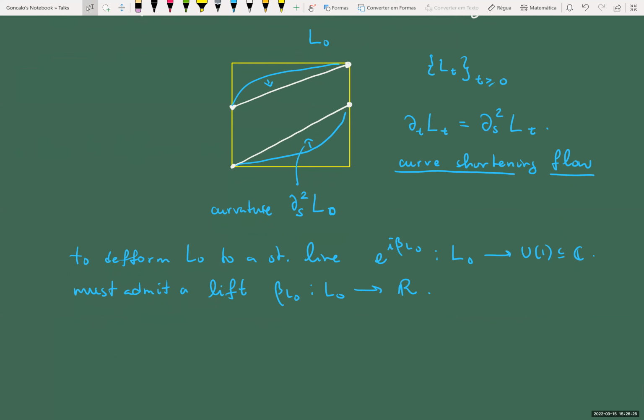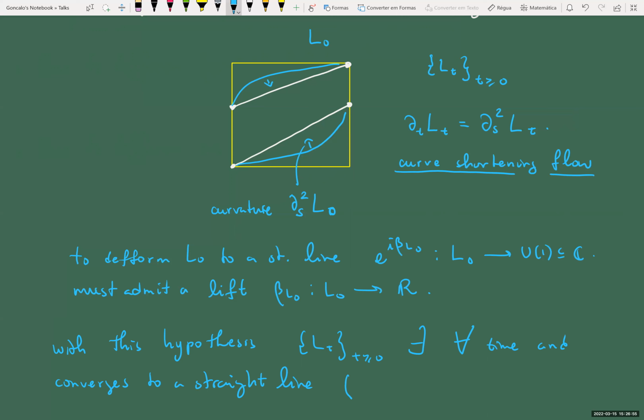And under this hypothesis, this L t evolving through the curve shortening flow exists for all time and converges to a straight line.